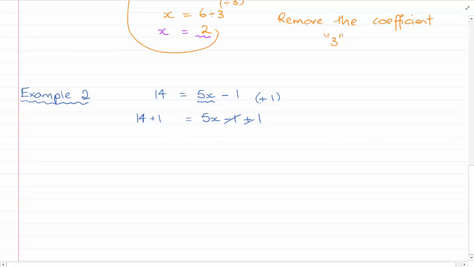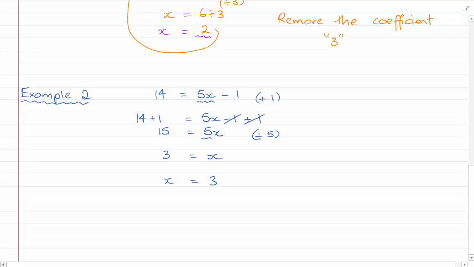This one and this one cancel out, and it leaves us with 15 equals 5x. And of course we've achieved our goal of having x by itself, or the 5x term by itself. And now I'm going to divide by 5 to remove the coefficient. And I'm left with 3 is equal to x, which means of course that x is equal to 3.